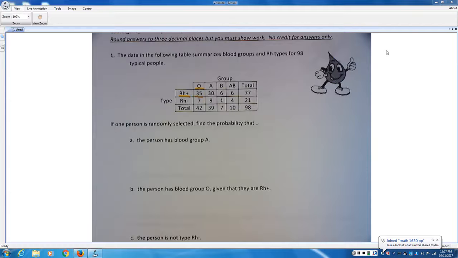So the first question that we need to answer is, if one person was randomly selected from these 98 people, what's the probability that that person has blood group A? How many people in this whole group had type A blood? 39.